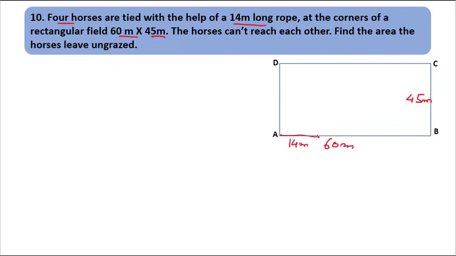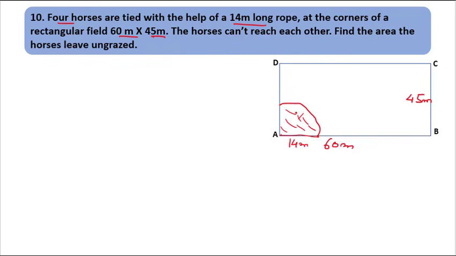So now this horse can move in an area like this, right? It will move in a circle with radius 14 meters. It cannot go beyond that. So what the question is basically asking is to find the area of this sector, because the field is here, and the horse will graze only this much area, right?